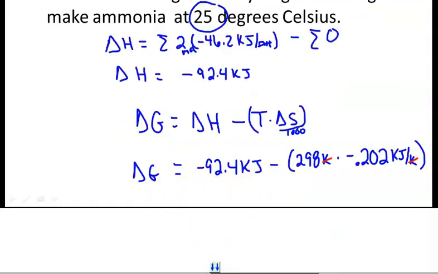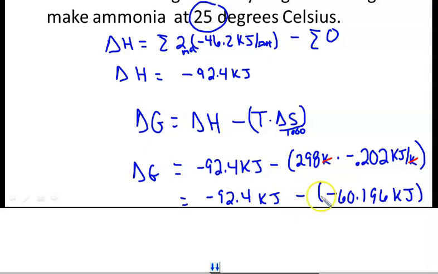I would tell you to not run it all together, but completely up to you. And this, if I multiply that together, you're going to get a negative 60.196, and you're going to get kilojoules. Can you see those two negatives there going to make a positive? But this is not a big enough number here to overcome this number, so therefore it's going to stay negative.